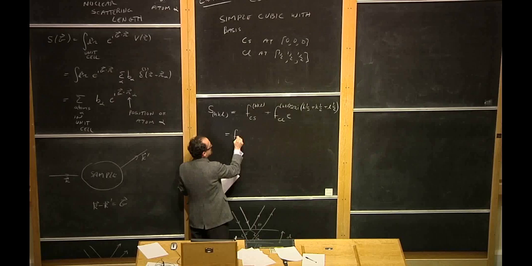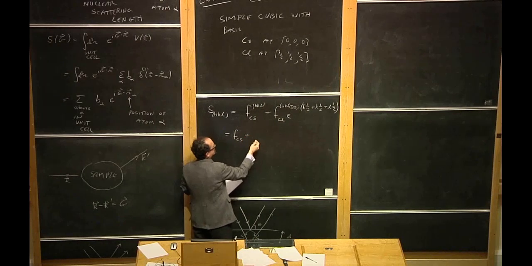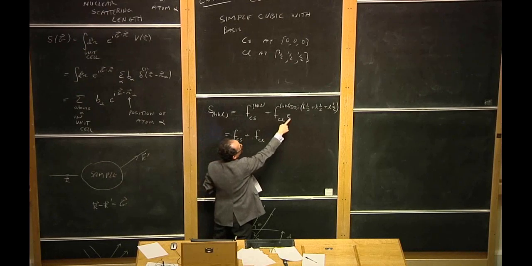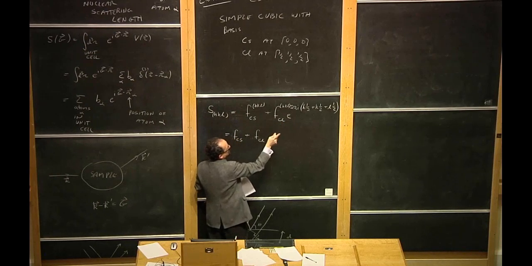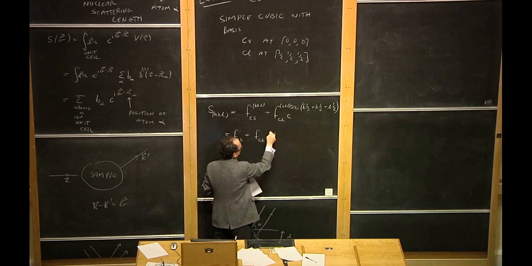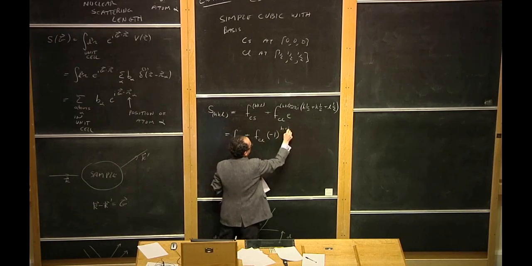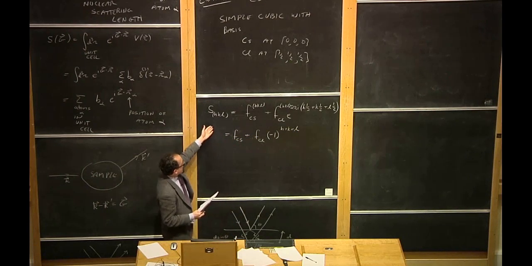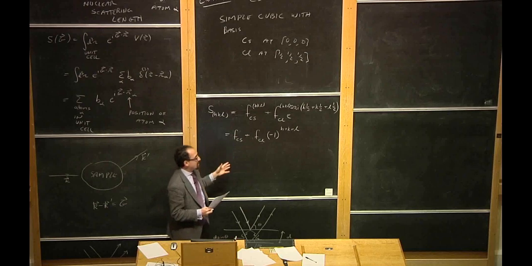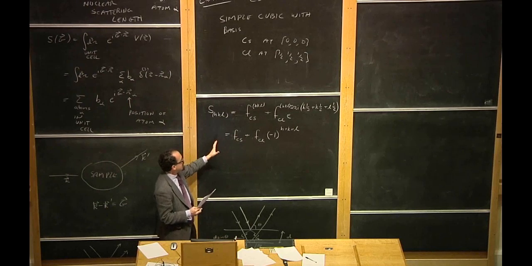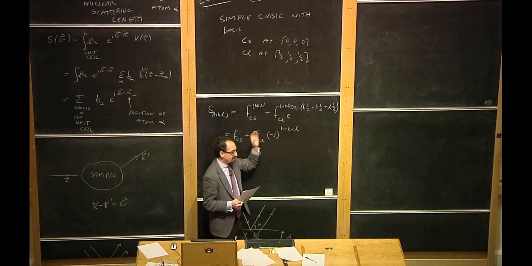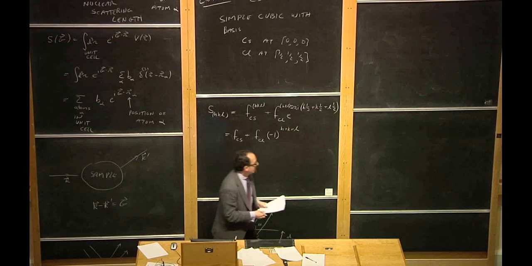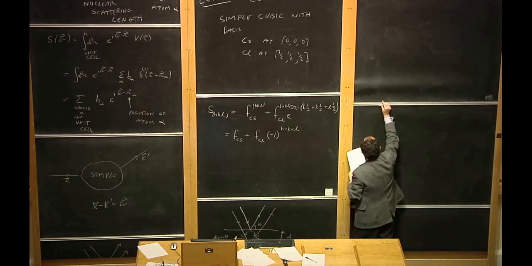So we can rewrite that as f cesium, and here I'm going to drop the dependence on h, k, and l for convenience, plus f chlorine, and this factor of e to the 2 pi i, h times 1/2 plus k times 1/2 plus l times 1/2 is actually minus 1 to the h plus k plus l. Good? So this is the structure factor, and you square this thing. When you square it, it will give you the amplitude of scattering with k minus k prime given by Miller indices h, k, and l. Okay? All right, let's do another example.